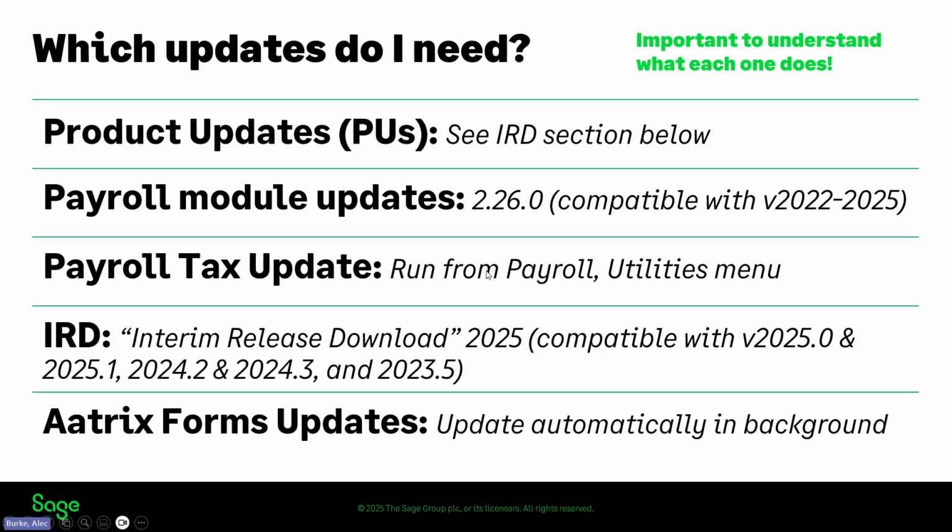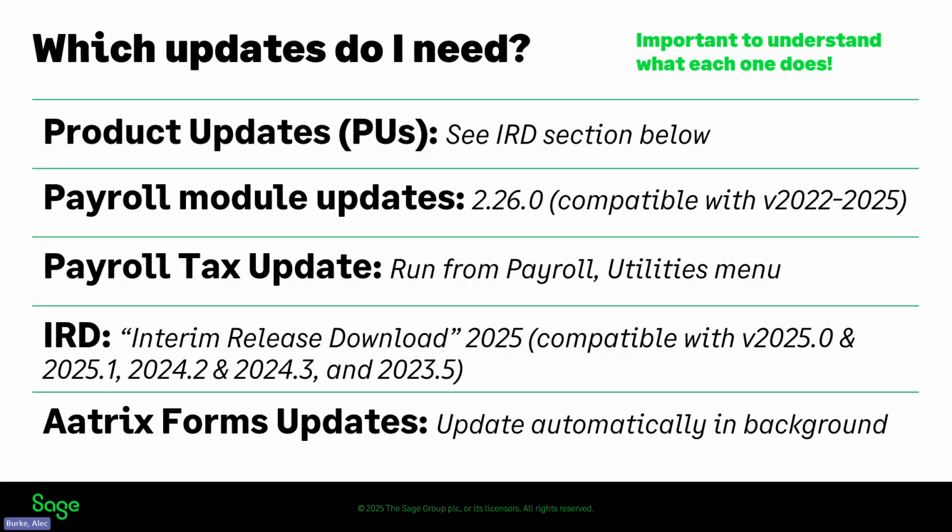So the payroll tax update, that's the one that's going to pop up right in the software and remind you. And then the Aatrix forms updates, they update automatically in the background themselves. The rest of the updates you need to install yourself. You need to download them and then install them yourself.